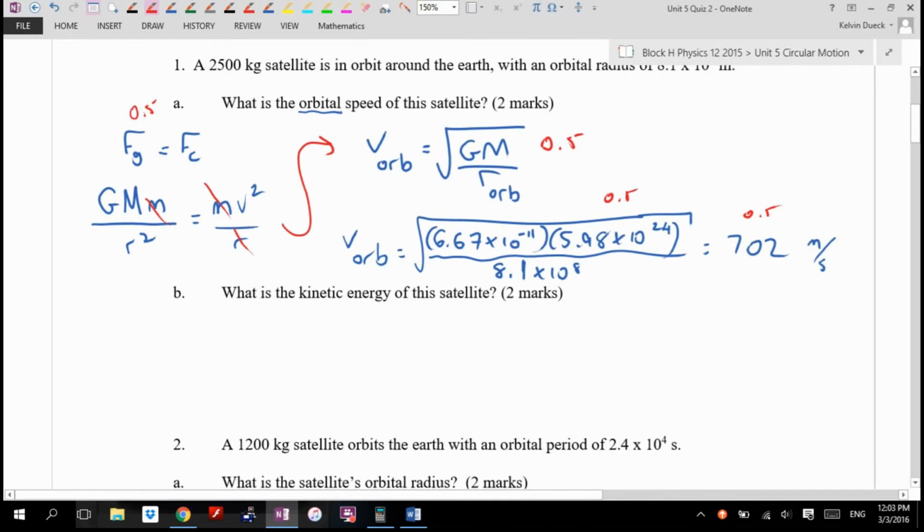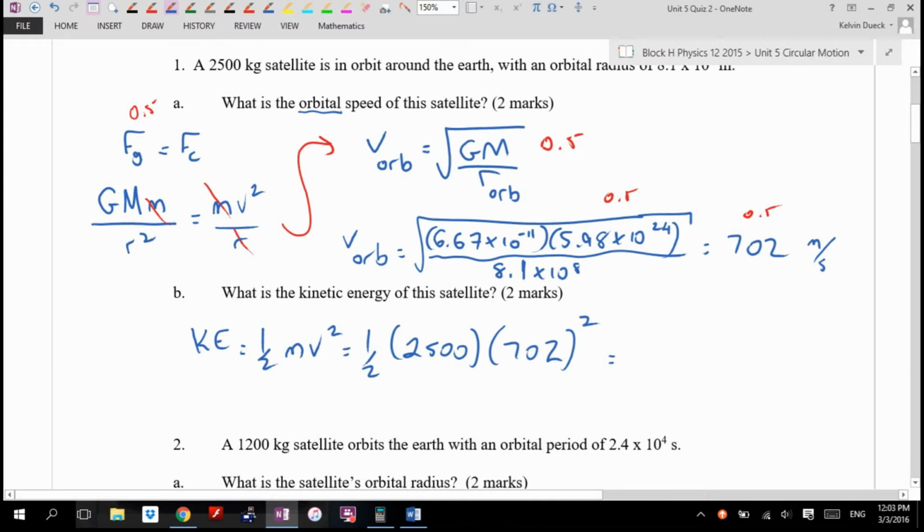What's the kinetic energy? KE equals a half mv squared, a half 2500, I'm going to write 702, but you know I'm going to use my answer button, squared.